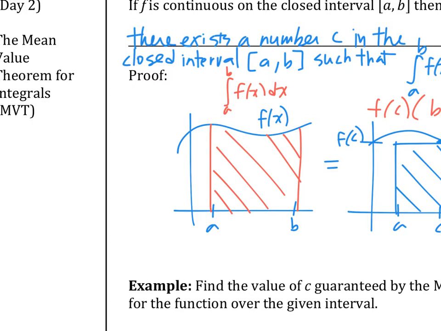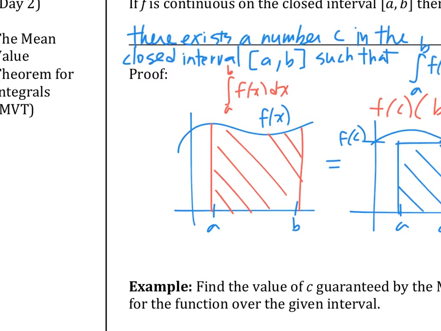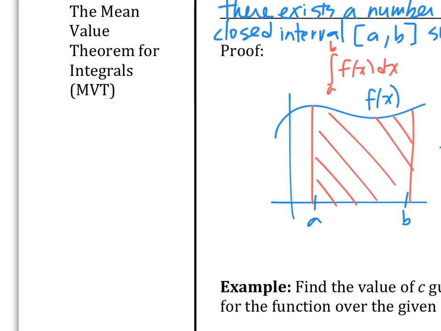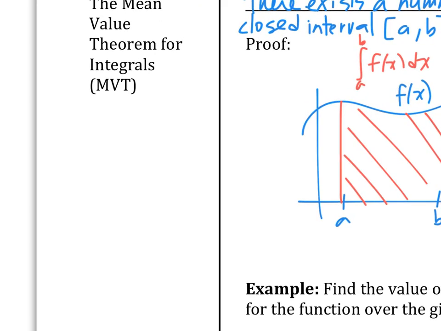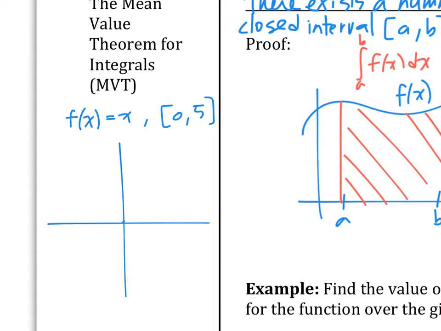Are you guys okay, or do you need another proof with some kind of very easy function to show you? Okay, let's just do a really quick one. Let's say f of x is just x, and we are trying to find the area between 0 and 5. Okay, easy one. So that's this one.